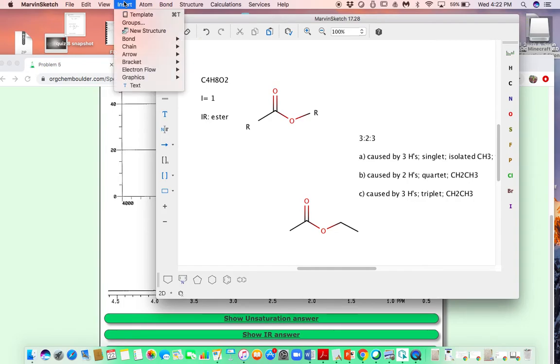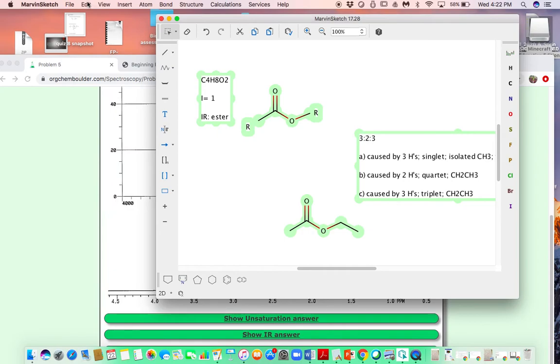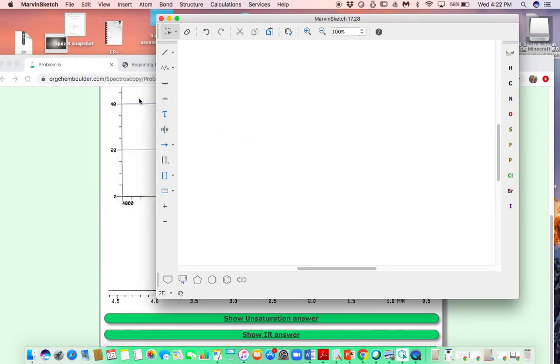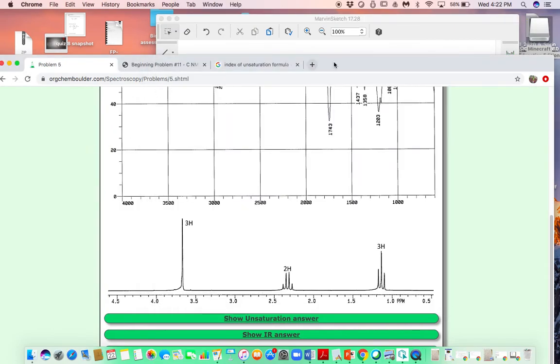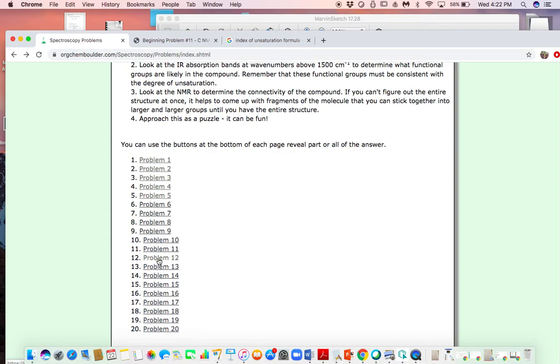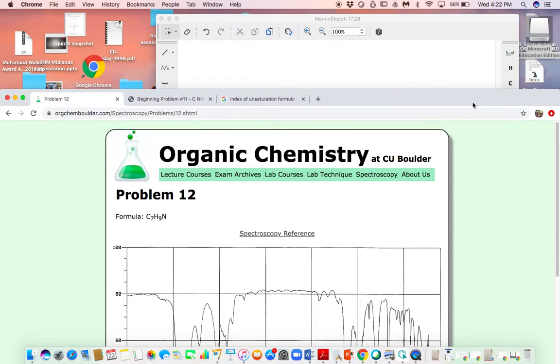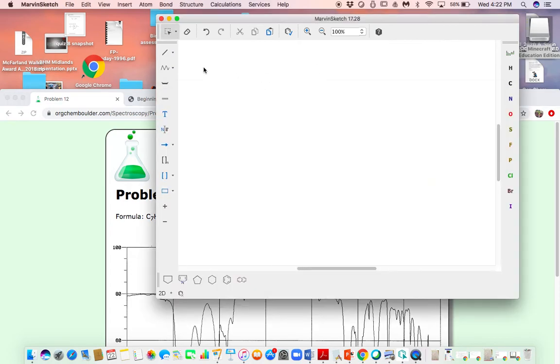All right, let me do one more, because I know I'm kind of droning on here. Let's look at number 12. That's a good one. Number 12 has a formula of C7H9N.